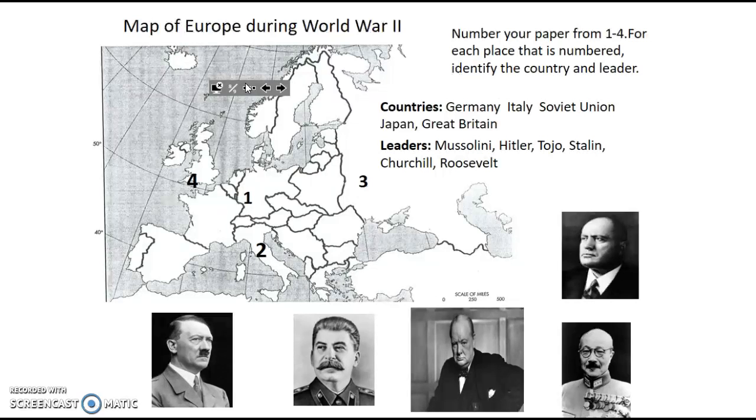So the best thing to do is to first identify the leaders. Right here we know that this is Adolf Hitler. This person right here is Joseph Stalin. This individual right here is Churchill. And this individual right here is Mussolini.